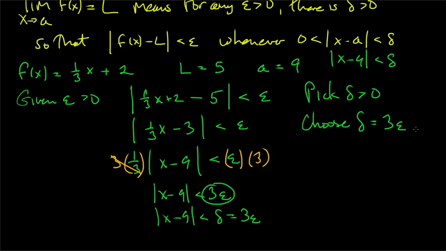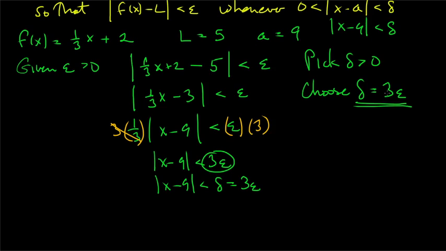That's as big as we can make it. We don't want to make it any bigger, like 4 epsilon, or 3 epsilon plus 2. But we can always make it smaller if we want. For now, let's just make it 3 epsilon. That's the largest we can make our delta for this to work.